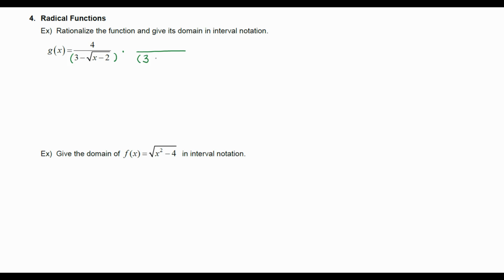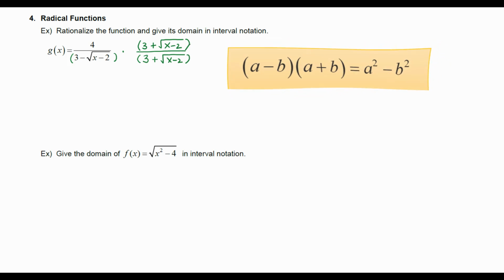So for 3 minus radical, you would multiply by 3 plus radical x minus 2, and you would also have exactly the same quantity on the numerator. So you can see that I multiplied g of x by quantity 1, but now from the algebra fact, you know a plus b times a minus b is a squared minus b squared.